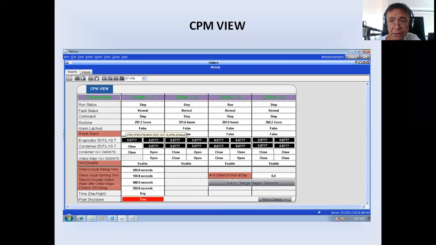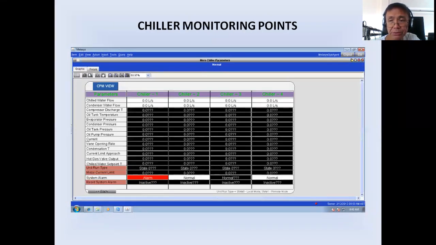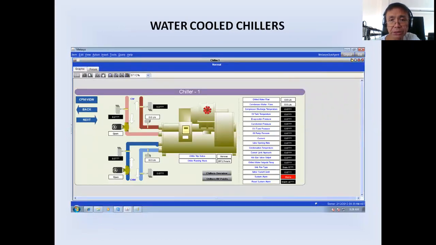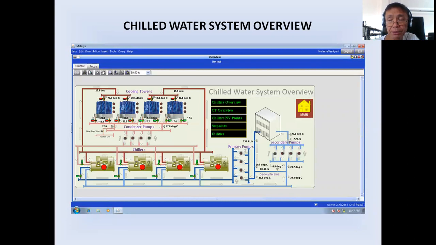So that's it, guys. I think I have given you enough information. If you become a BMS engineer who will try to prepare graphics for water cooled chillers, you now have an idea of how to present the graphics and what information you need to display for the control logic program. Basically, the supplier of this system has their own CPM.